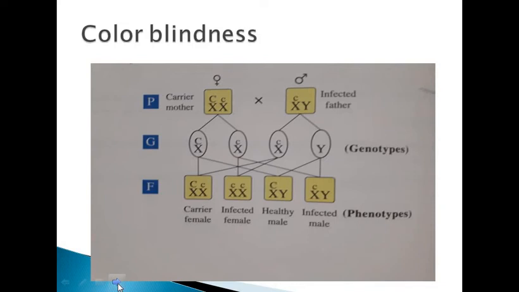Why? Because the male takes the Y chromosome from the father, while the X chromosome is taken from the mother. So the mother transmits the gene to her son.